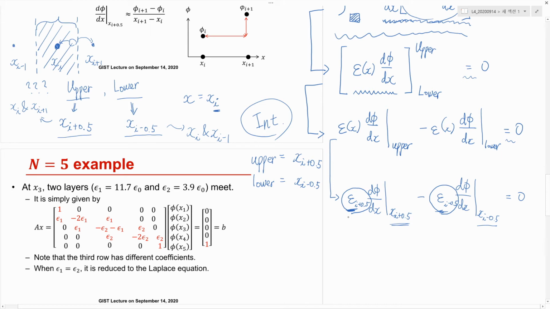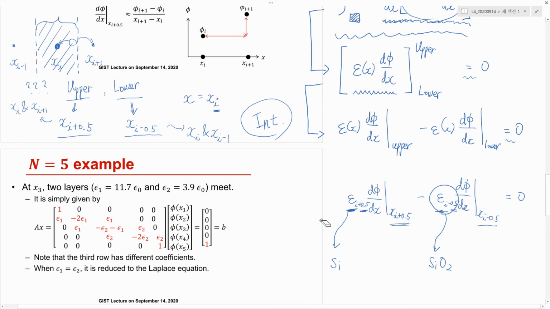Depending on the material system, for these two points belonging to i plus half or i minus half, we can certainly determine whether this is silicon or silicon dioxide, because such kind of ambiguity only occurs at the interface position, and the interface position is an integer-indexed position. So this half-indexed position never suffers from the ambiguity.